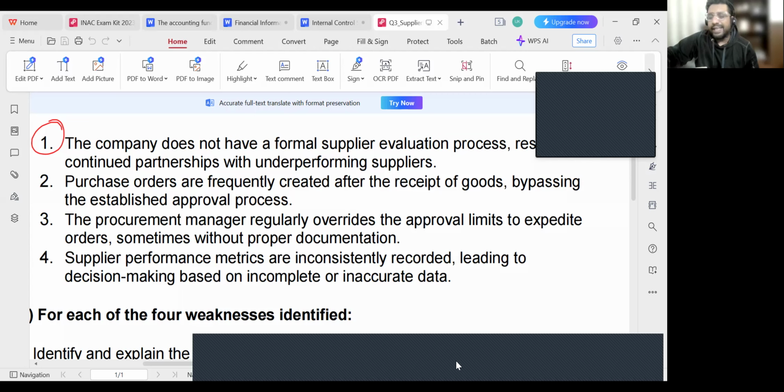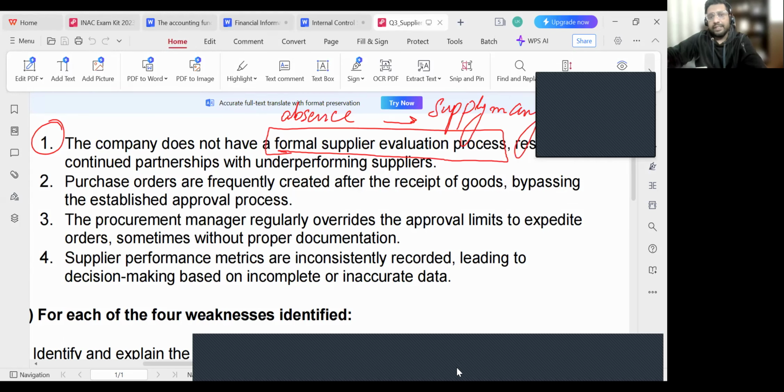So it is actually indicating that management does not have much interest in supply management, which can be a problem, right? So yeah, this is the cause of the problem.